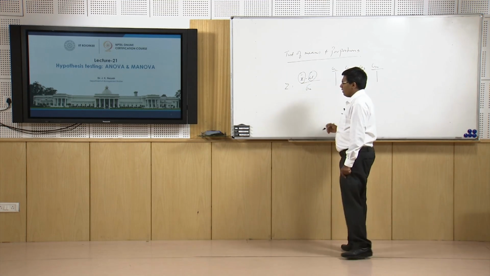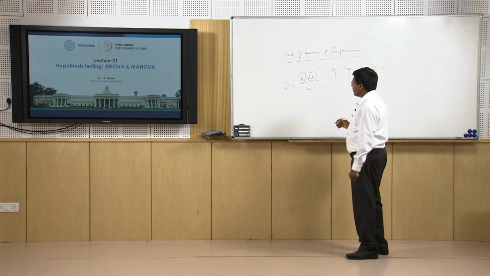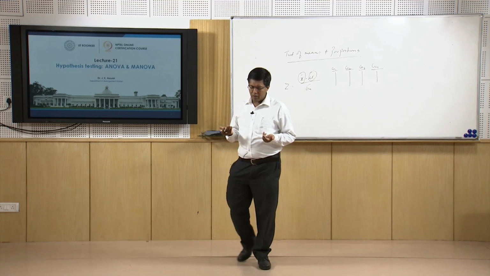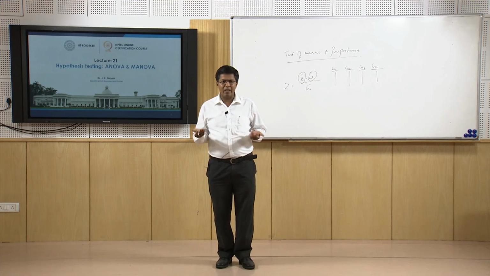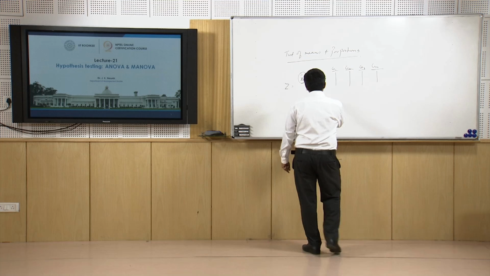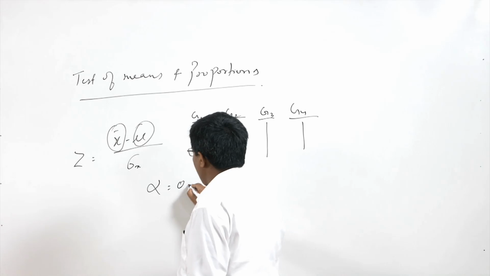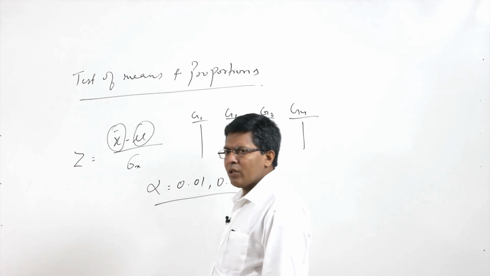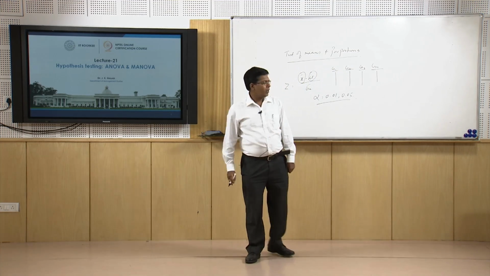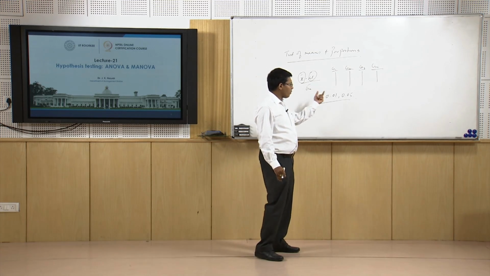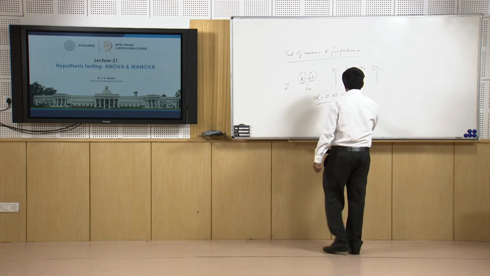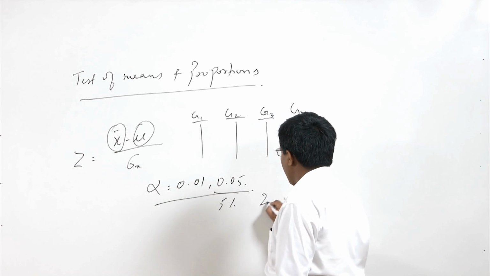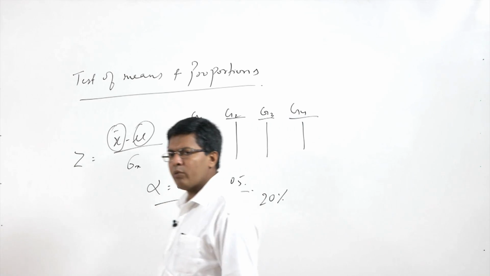There is something called the Bonferroni inequality, which says that if you conduct multiple tests, the alpha, which we generally take as 0.01 or 0.05, gets inflated. If it is 0.05, that means 5%, and you are testing 4 times, it will get inflated to around 20%.